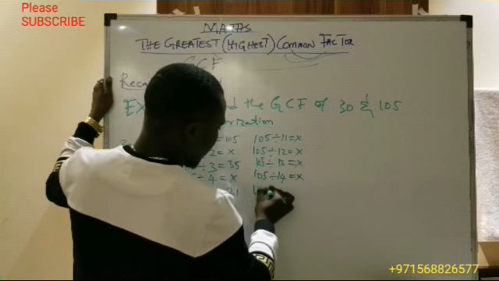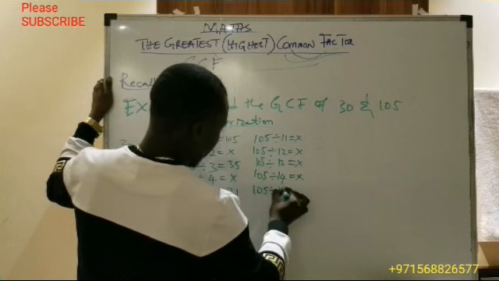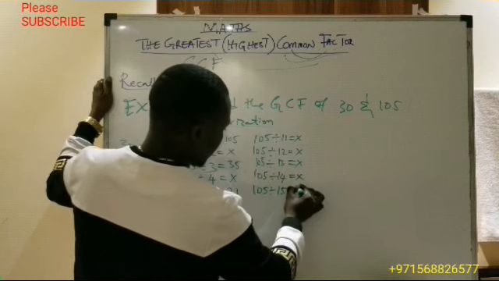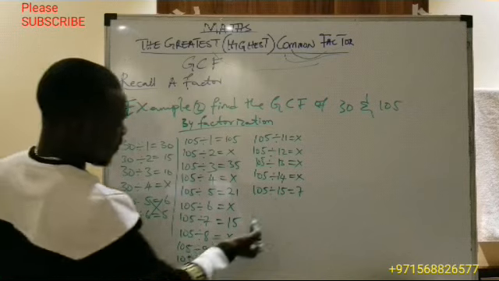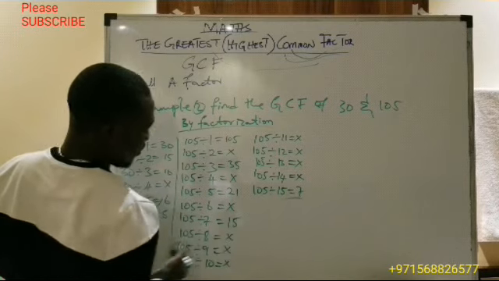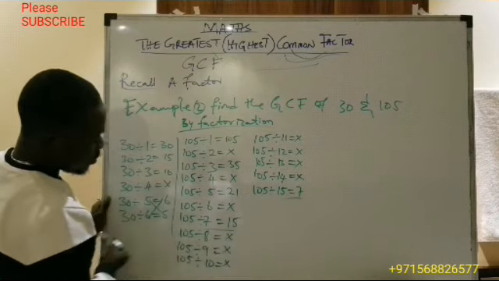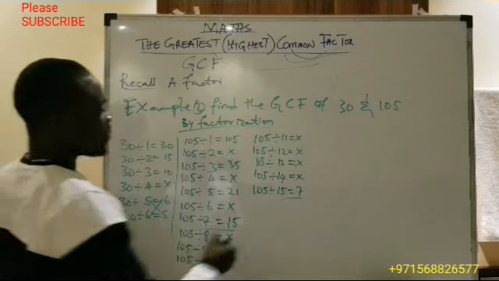But 105 divided by 15 will give us 7. Factors have repeated. We have it here and we have it here also.